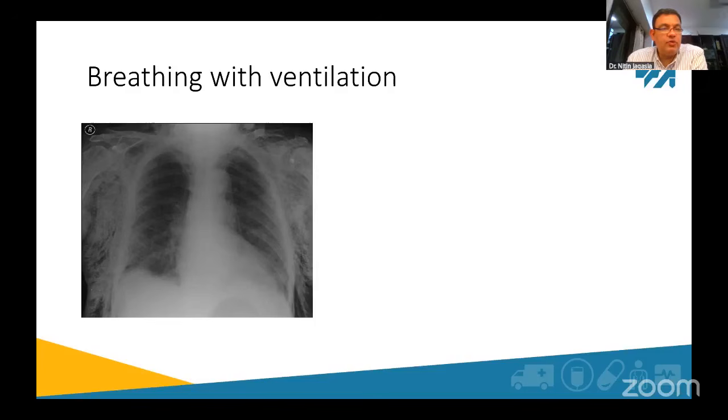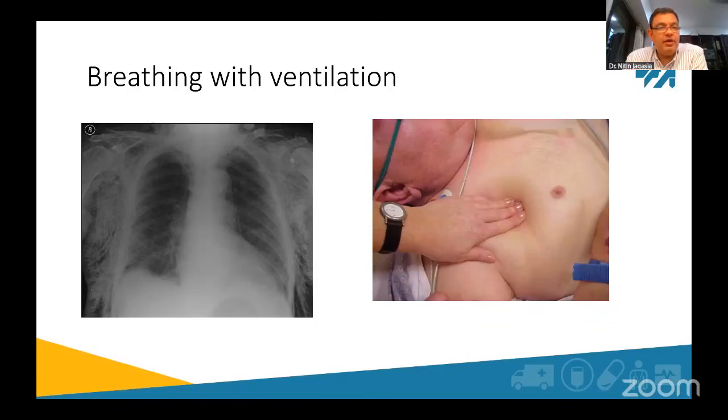This is what you get with surgical emphysema. The same thing when you palpate, you will get the crepitus and you will feel that. This basically means that there is a leak from within the thoracic cavity to the soft tissues, and this is also going to interfere with your ventilation.